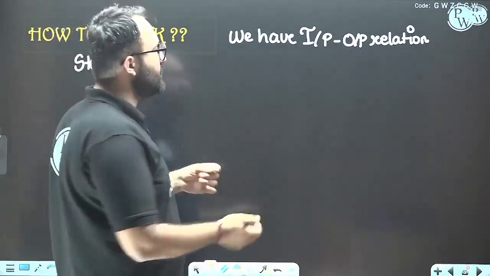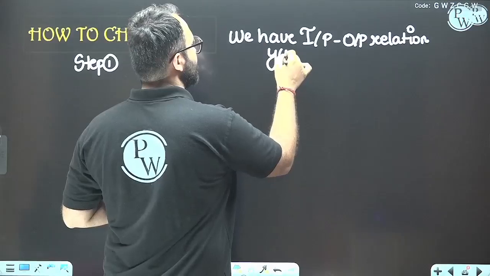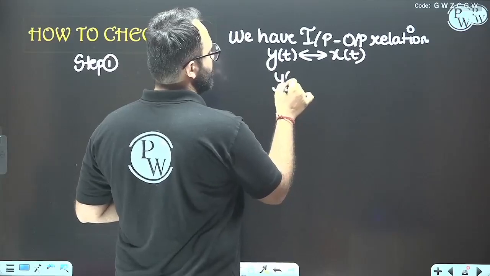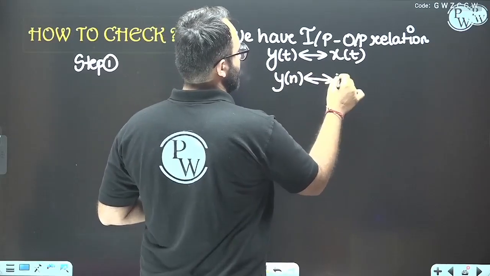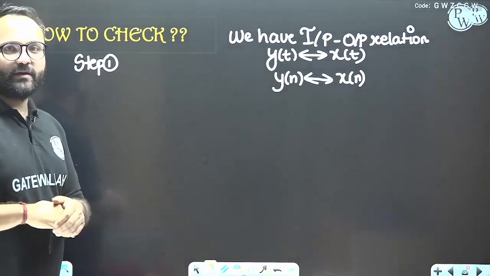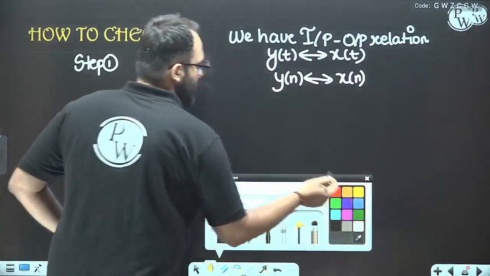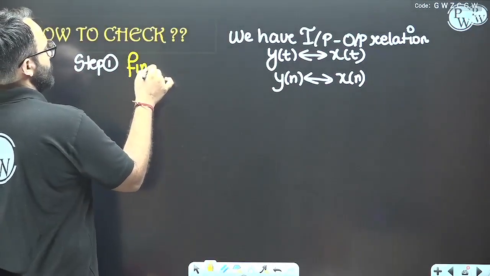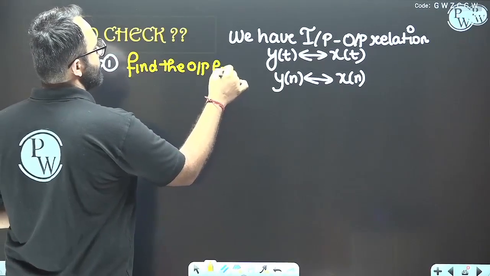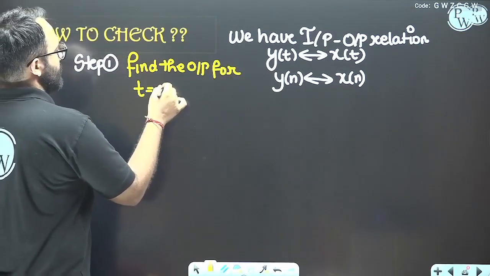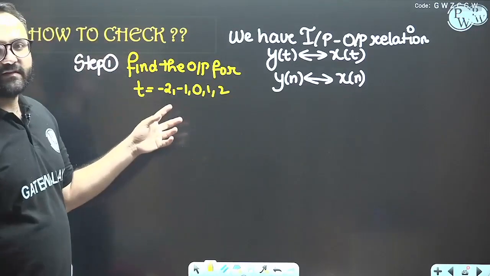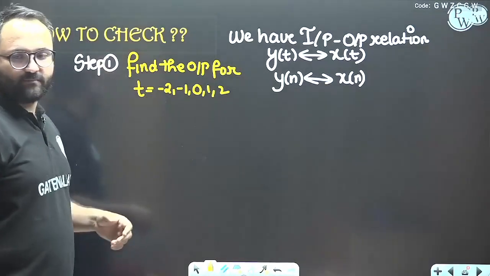Input output relationship means we have the relationship between y(t) and x(t), or between y[n] and x[n]. So step number 1 is find the output for t equals -2, -1, 0, 1 and 2. For these time instants, simply find out the output.